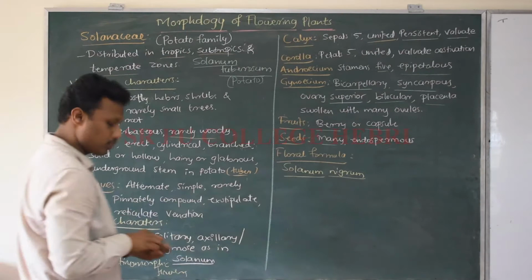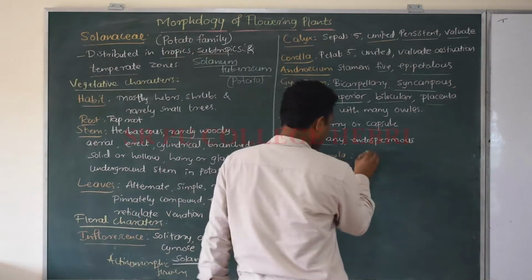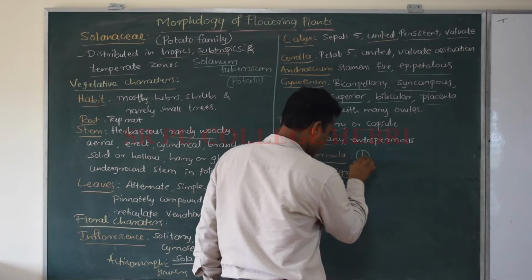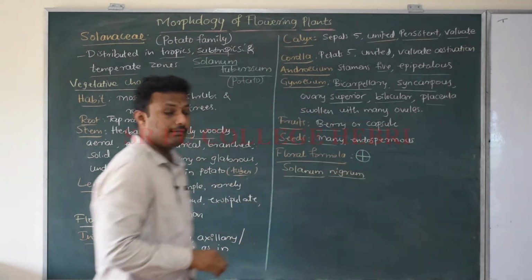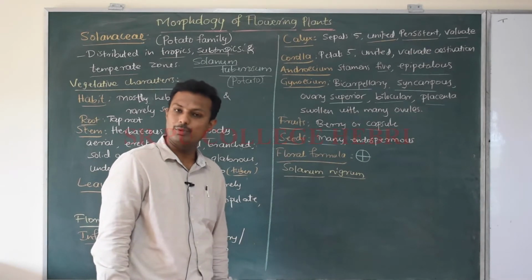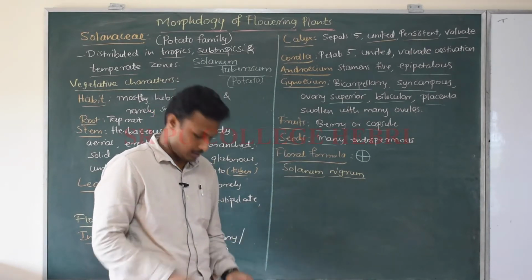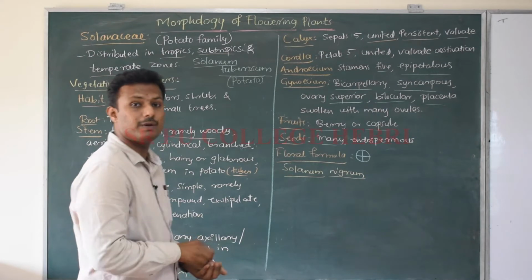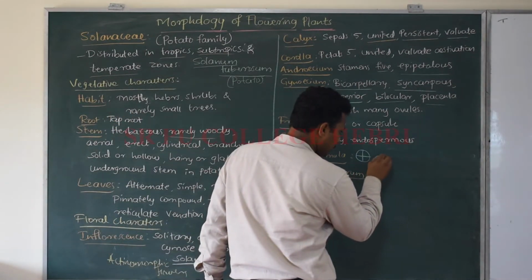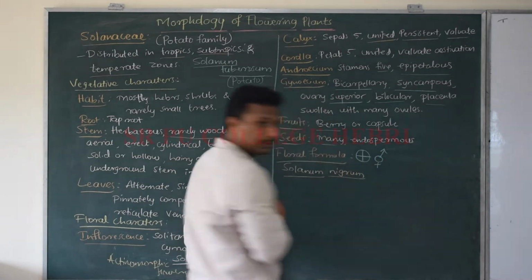Which symbol are you going to write here? You are going to write the plus symbol surrounded by a circle. And whether both the androecium and gynoecium are present or only one of the two is present, both are present. That is why you are going to show the bisexual symbol.